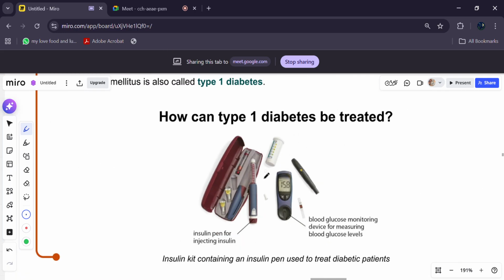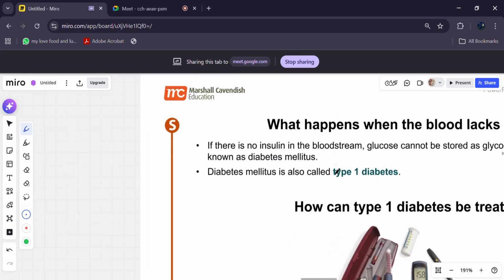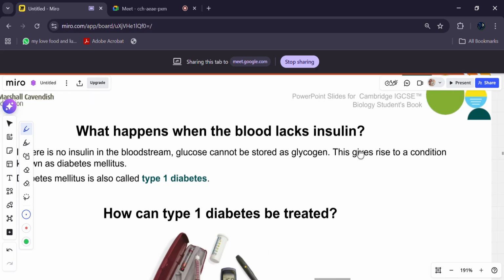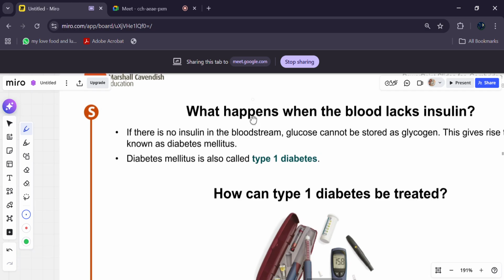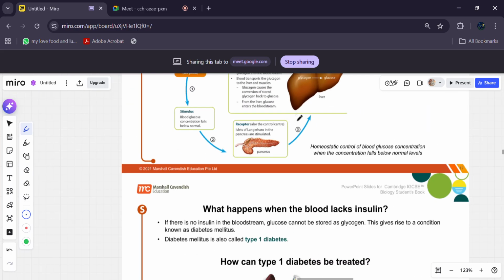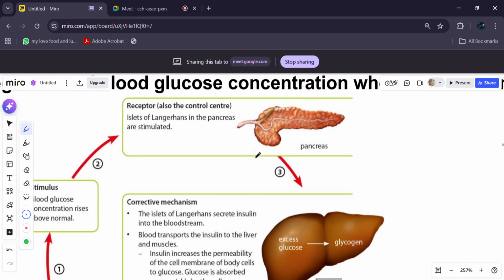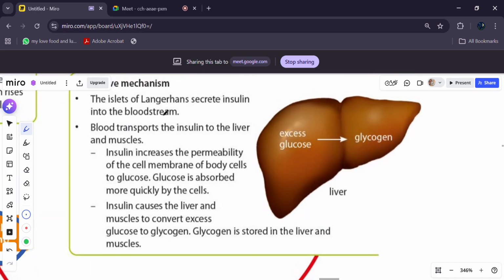So what is wrong though? Well, the issue in type 1 diabetes is that glucose cannot be stored as glycogen, and this gives rise to the condition known as diabetes mellitus. Basically, back here, when the insulin is secreted into the blood, this is the part where the excess glucose is converted back to glycogen.